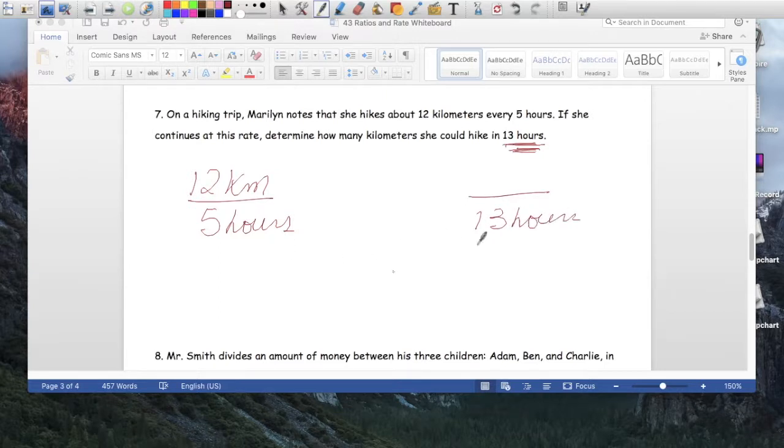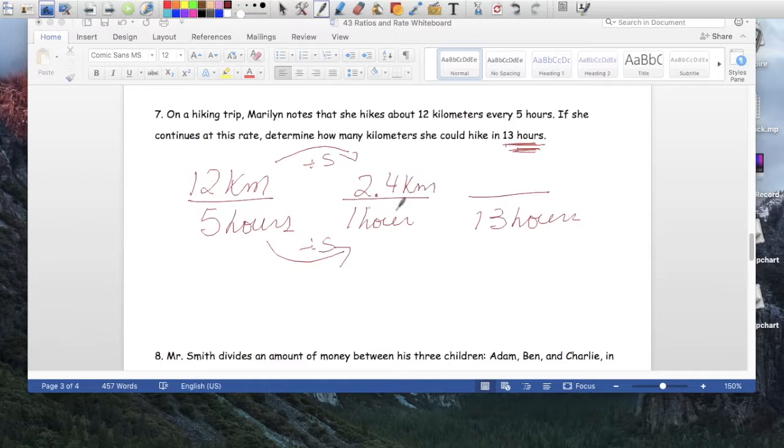Well, there is no relationship side to side. Up and down, there's a decimal relationship, but if you can't figure that out, you can always use the unit rate. So 5 hours, let's change this to the unit rate, which becomes 1 hour. We divide this by 5 and we divide this by 5. 12 divided by 5 is 2.4 kilometers.